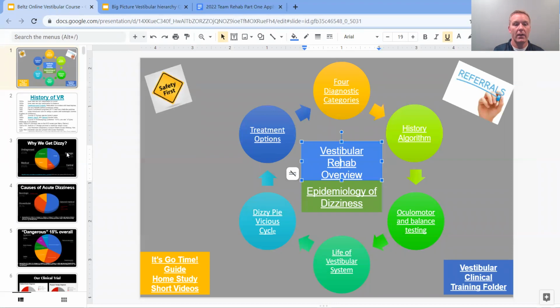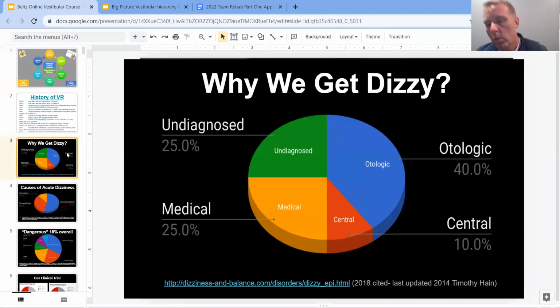Now that you know the big picture, let's talk about why our patients really get dizzy. What are the most common reasons that you're going to see your patients in the clinic? Why are they going to come to you with dizziness? As you can see here, Timothy Hain put together some research studies and information, and he believes that about 50% of the reasons patients get dizzy is due to inner ear and brain.